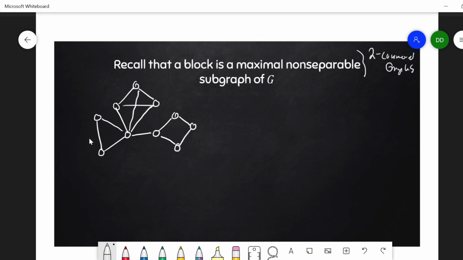To illustrate this, I'm going to pick out the blocks. I don't know if you remember the blocks. Blocks were maximal non-separable subgraphs. We looked at these at the beginning of the course. This is a block. And then these vertices here are also a block.